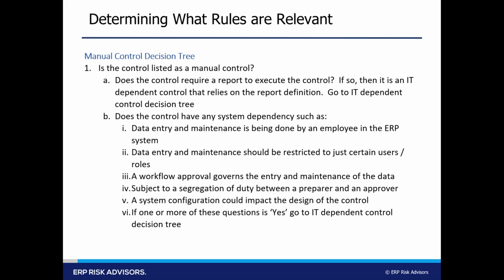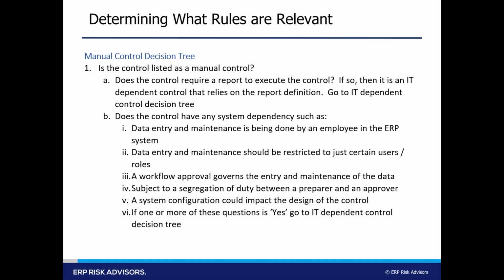So I've got a decision tree process here to go through an RCM and define what is an IT-dependent control and what the dependency is. I have a different viewpoint of how this process goes than you might have heard otherwise, so I'm going to suggest that you go back and listen to the prior version of this, which I go through in a little more detail.